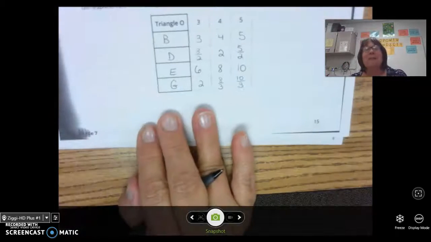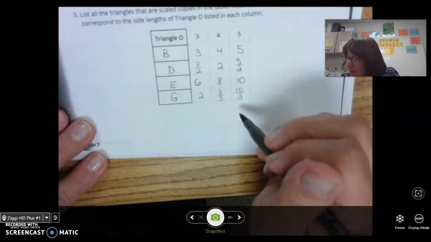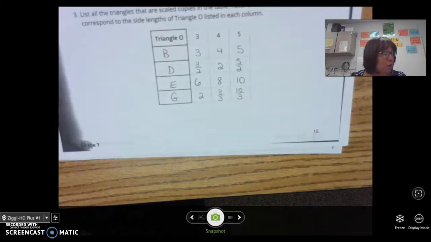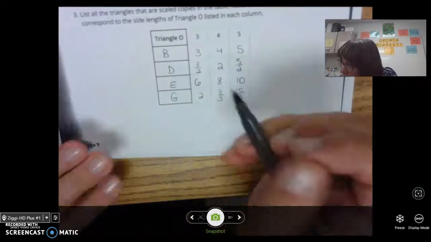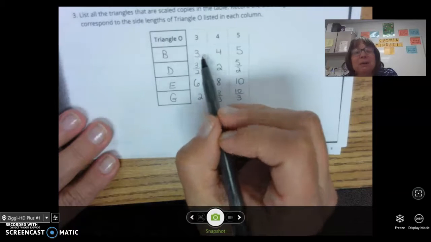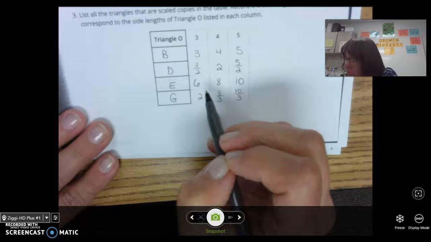Okay, so we have now made a table, and we want to start to be able to compare how things changed. How did we go from the original to B? Well, it stayed the same, really. So you were multiplying by what? 3 times what gives you 3? Well, 1.